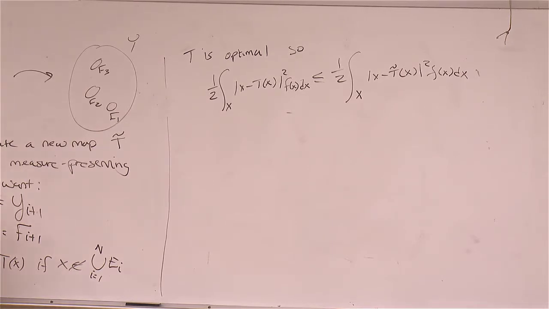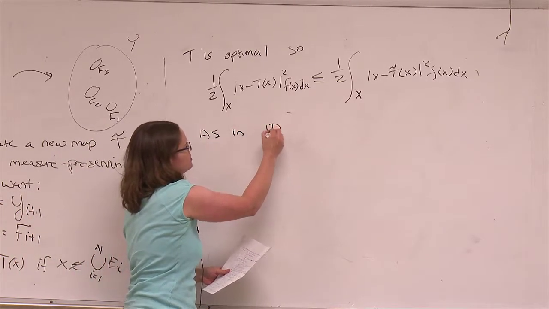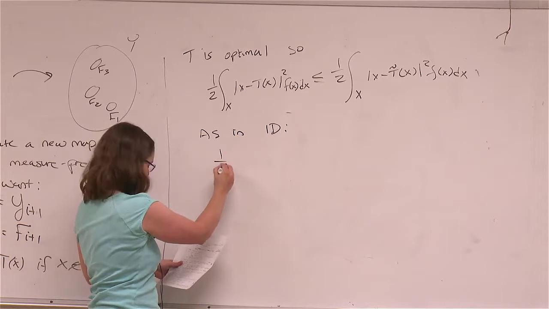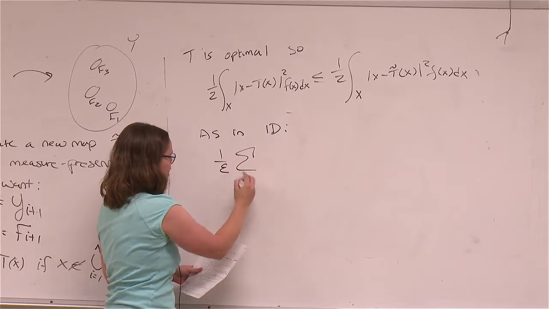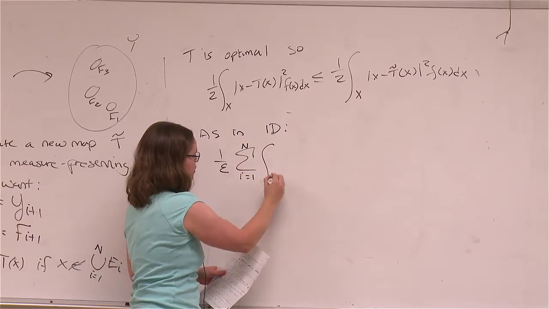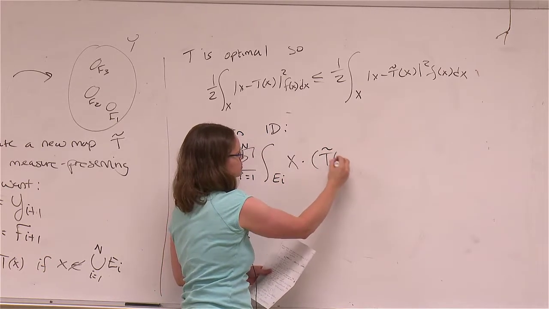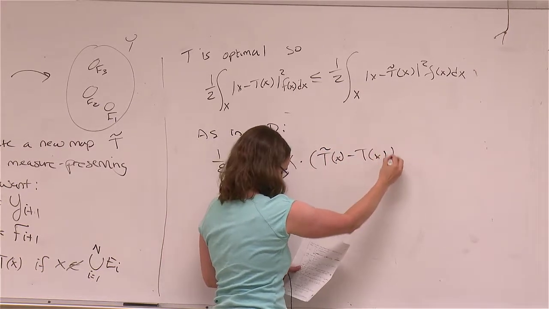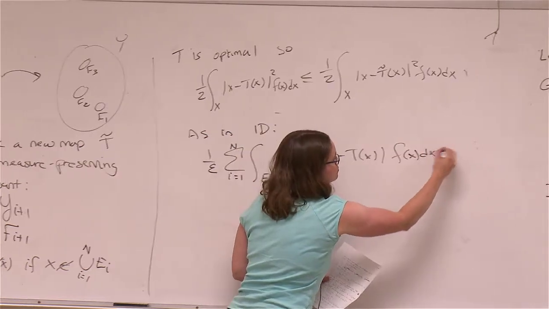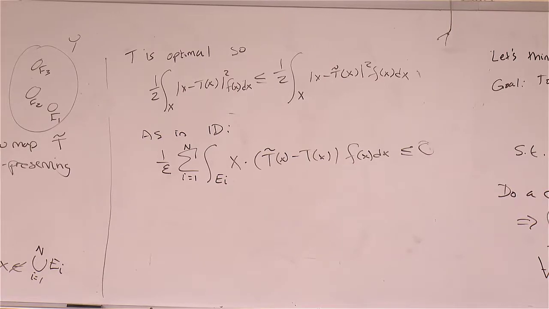So all that's going to be left is my cross terms. I write down my cross terms, I divide through by epsilon, and doing everything exactly the same as in one dimension, I get 1 over epsilon times the integral over my little ball of these cross terms left over, and I move everything over to one side of the inequality.